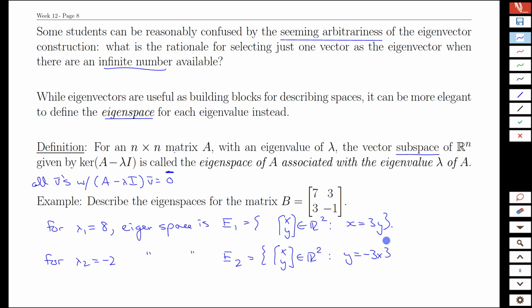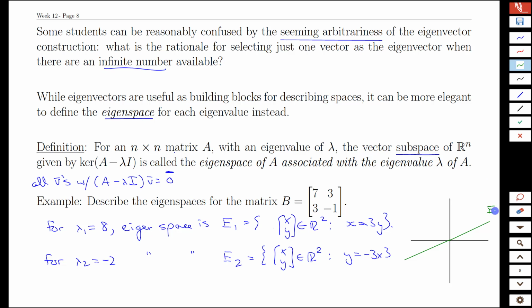And this is going way back, like 4 or 5 weeks ago. We looked at these kinds of constructions and we said, well, these are lines, right? All the points that satisfy x equals 3y. It was like 3, 1. So that's this space here.